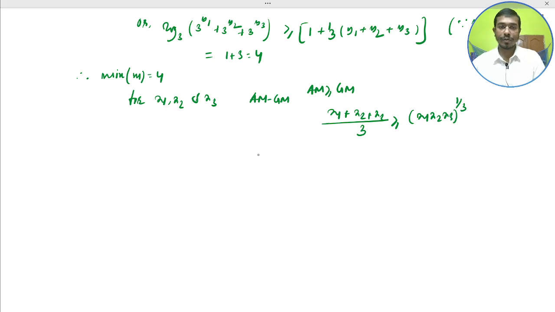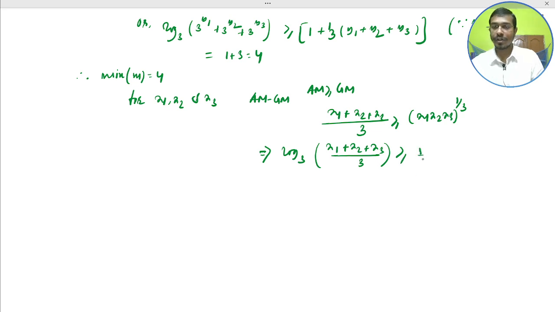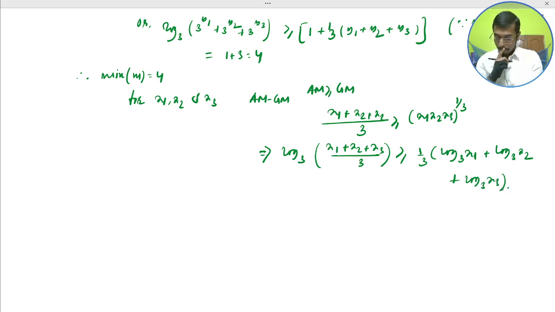Now taking logarithm base 3 on both sides implies that log base 3 of (x1 plus x2 plus x3) divided by 3 is greater than or equal to 1/3 of (log x1 plus log x2 plus log x3).